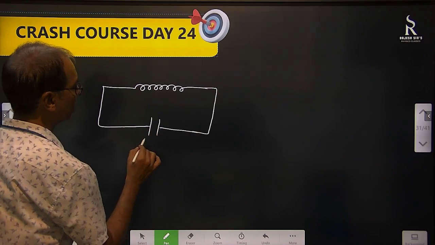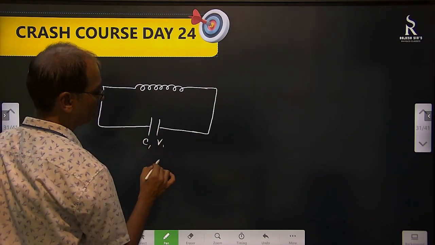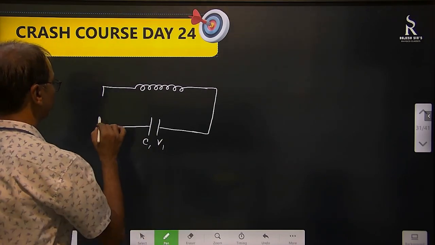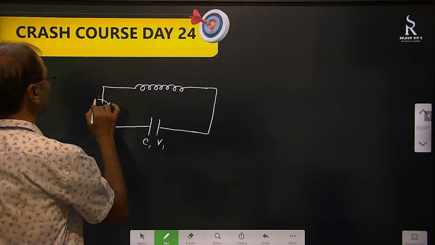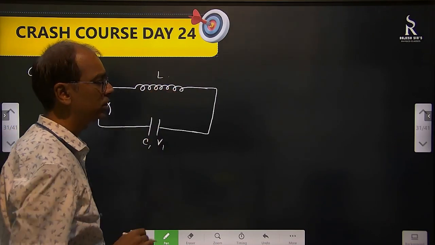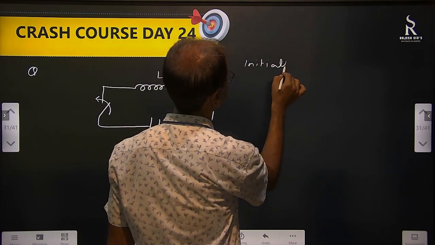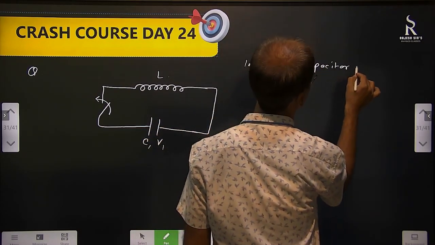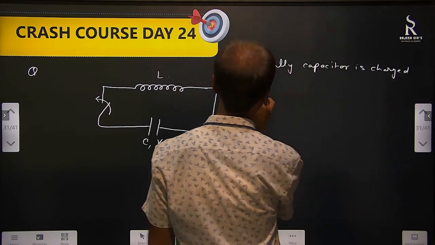Its capacitance is C and let's have a key over here. This is L. Initially, the capacitor is charged to potential V1.